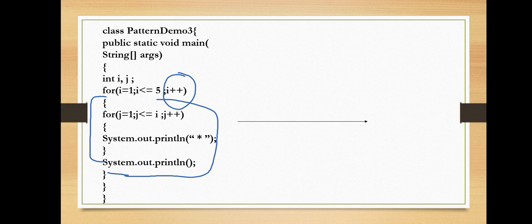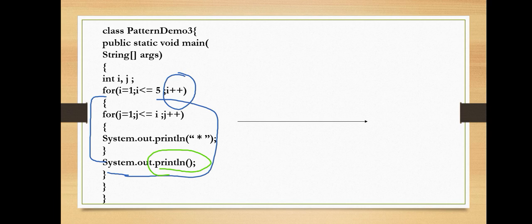Now for this, what we need to print is the space. So how to print that space here? Let us see the condition. This is the space: System.out.println with only brackets. So it will move to the next line after each row of stars. And I already told you println means it will print the stars in one row, and again the cursor moves to the next row.